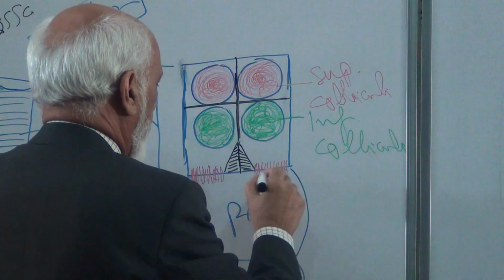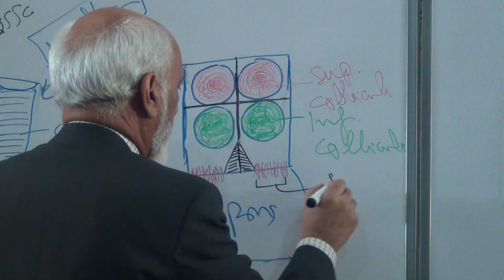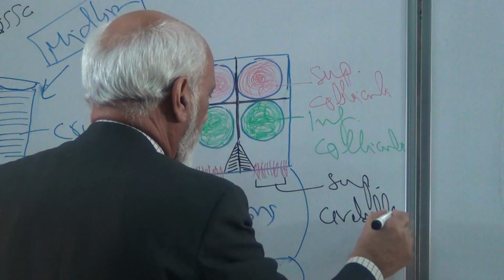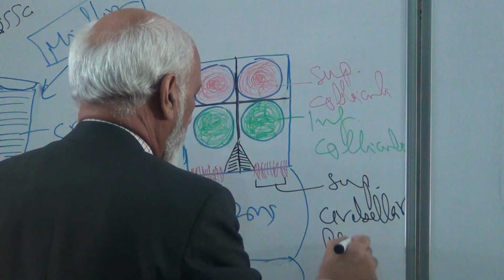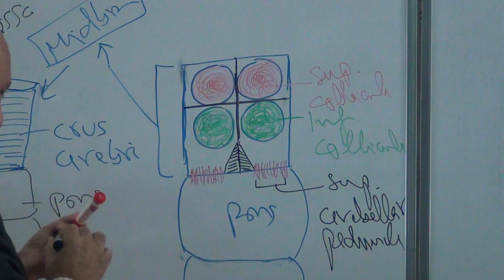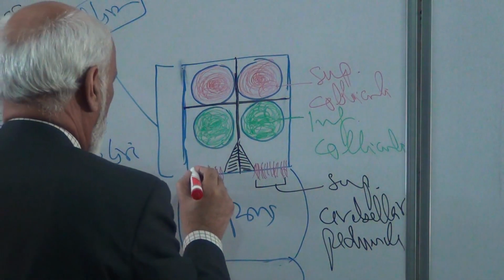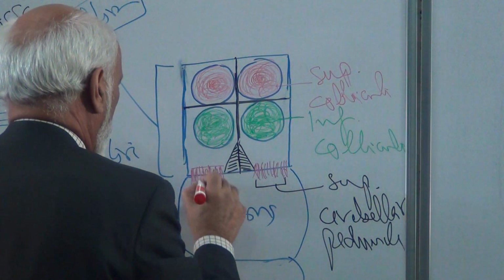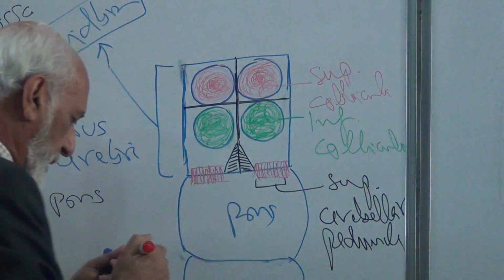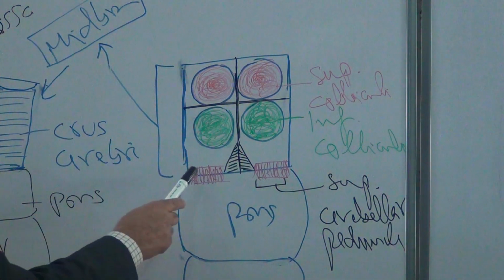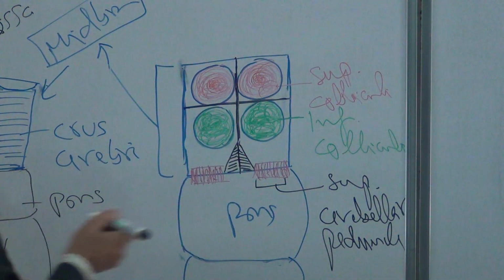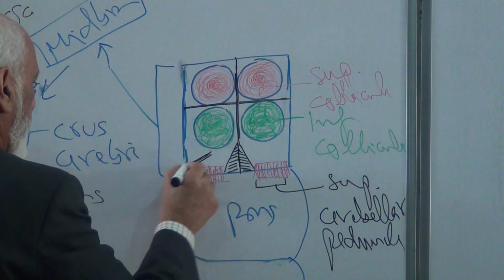A pair of superior cerebellar peduncles, one right and one left. And below the inferior colliculi and on each side of the frenulum vellae is the attachment of trochlear nerve.